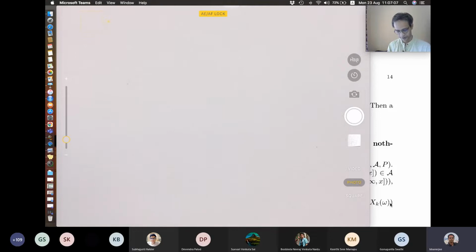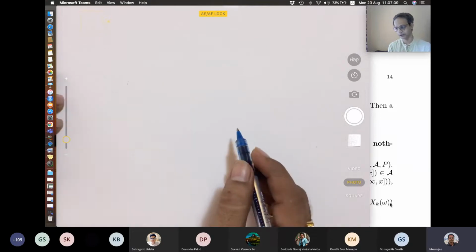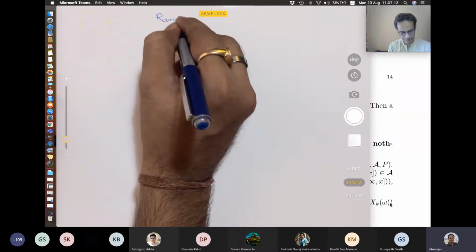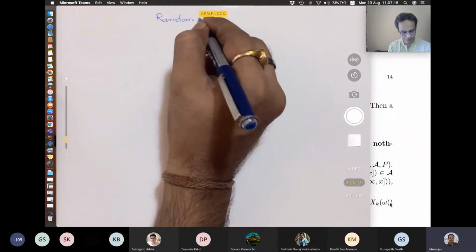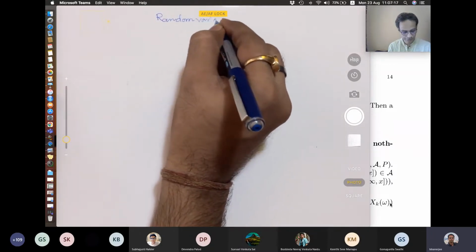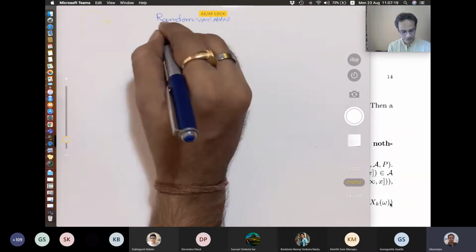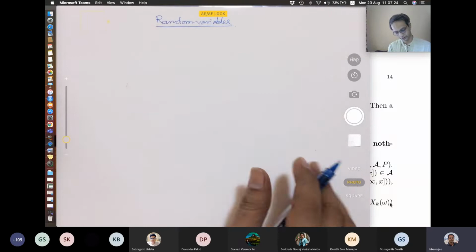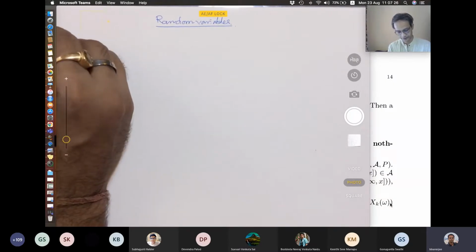So in general, when we start with random variables, it is theoretically needed that we start with a probability space.